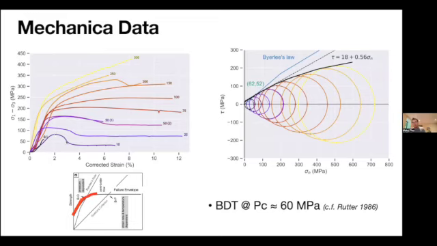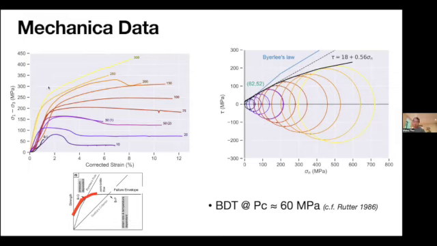Then we observe weakening, which is related to the development of the fault. And then we get to a new steady state stress level, which is basically governed by the frictional sliding on the developed fault. And as we increase the confining pressure, then the rocks get stronger and stronger. This weakening stops occurring, and eventually we have strain hardening that occurs over the whole range.